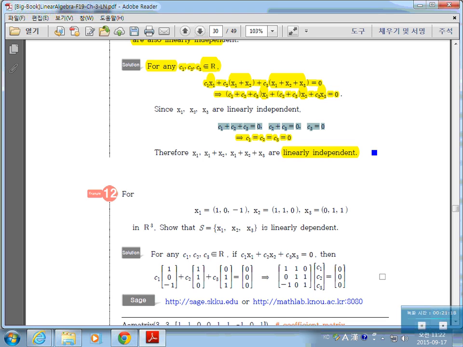So we solve this linear system of equations of the Ci's, which gives us C3 is equal to 0, which means C2 should be 0, and since C2 and C3 are 0, C1 should be 0. So C1, C2, C3 should be all zeros, which means these three vectors x1, x1 plus x2, and x1 plus x2 plus x3 are linearly independent.